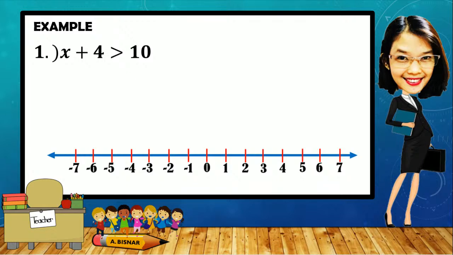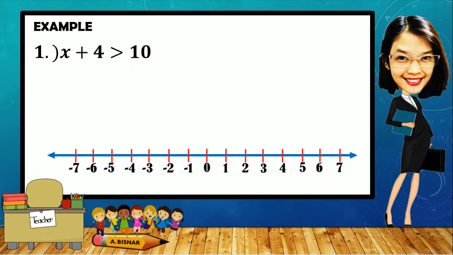Next, paano naman kaya ito? From the given in number 1, x plus 4 is greater than 10. So as you observe, hindi siya kagad mag-graph. Kasi nga, meron pa tayong constant term, which is 4. So, what are we going to do?